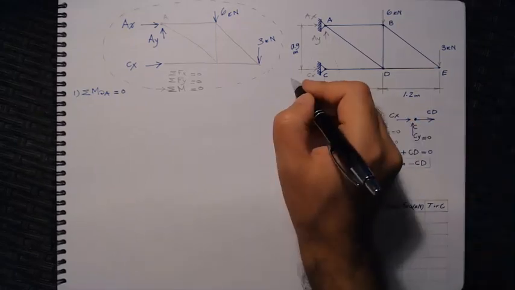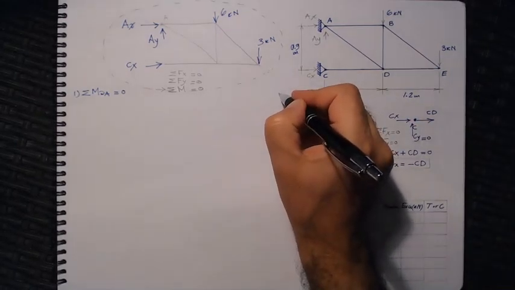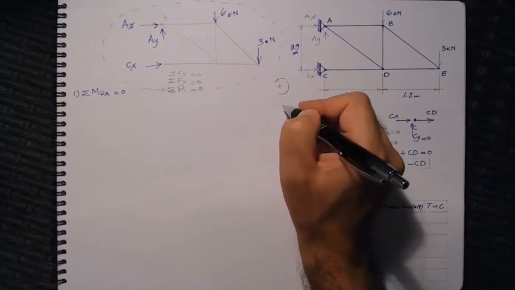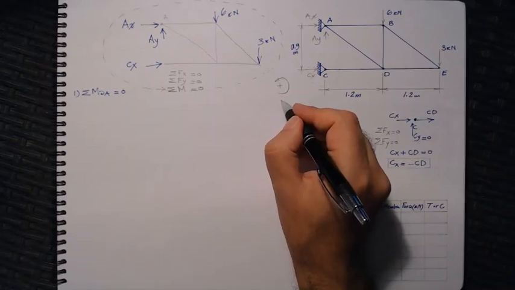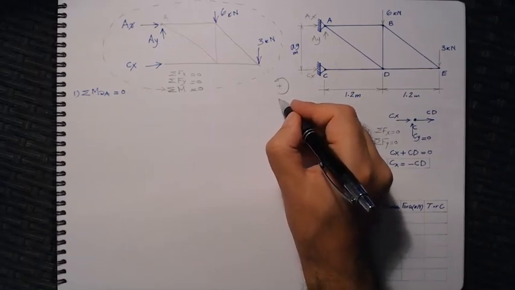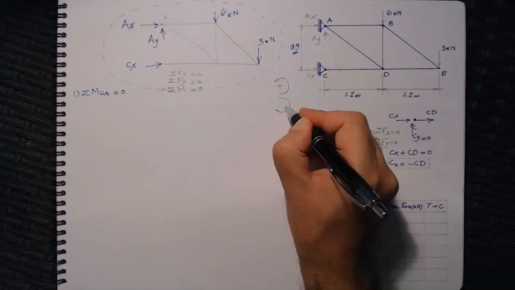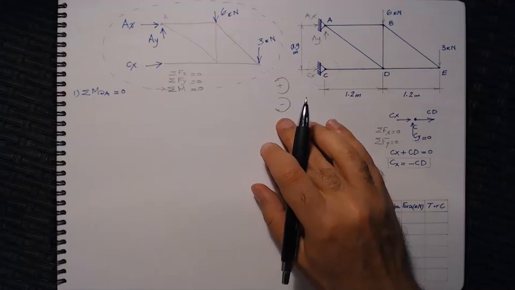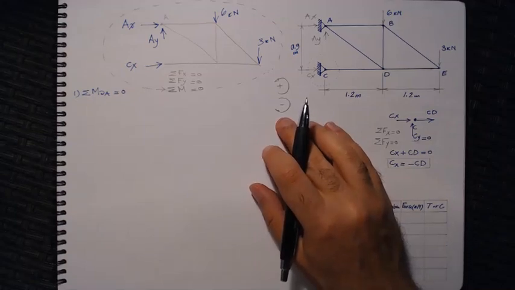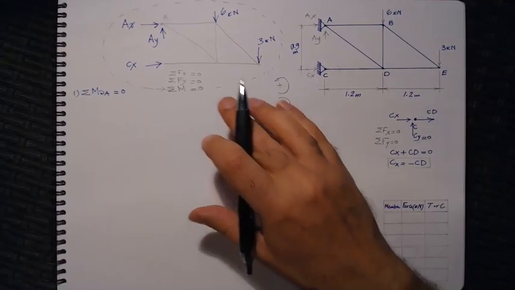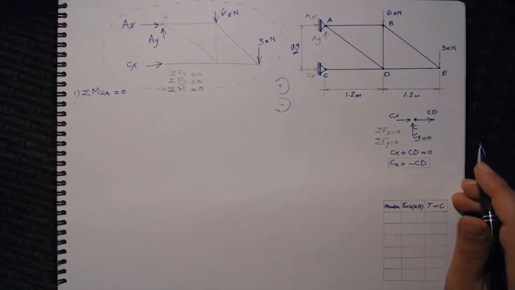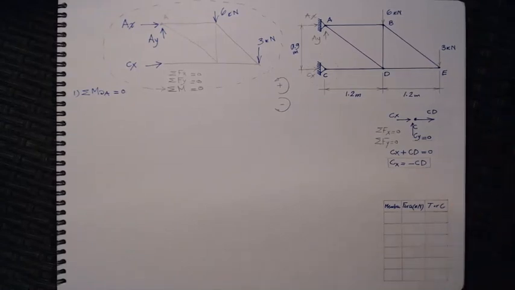So I will consider counterclockwise rotation to be positive, and I will consider clockwise rotation to be negative. These are my assumptions. You can follow them if you like. If you want to have a different assumption, just make sure you're consistent throughout your answers. So this way the numbers don't contradict each other.